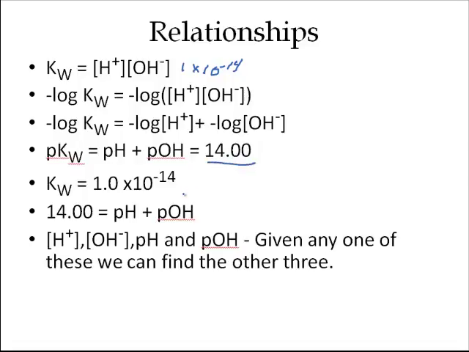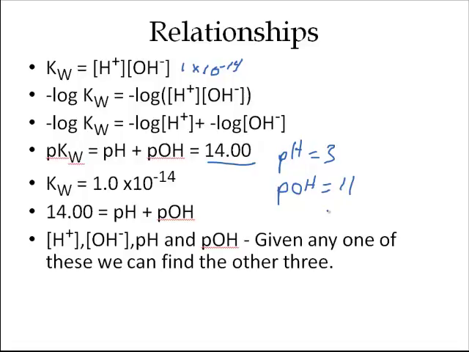Now, why that's important is because let's say I have a pH of 3, all right? Well, if I know the pH and the pOH have to add up to 14, and you saw a question, what would be the pOH? Well, your answer would be 11, right? So it becomes a very useful tool.